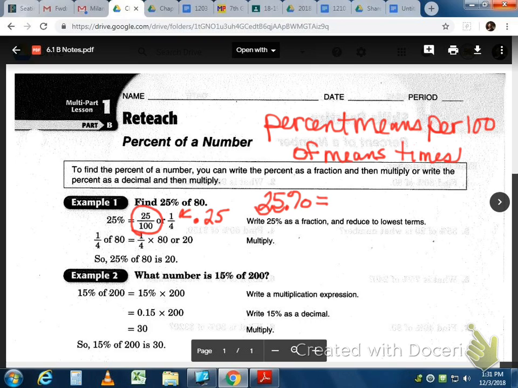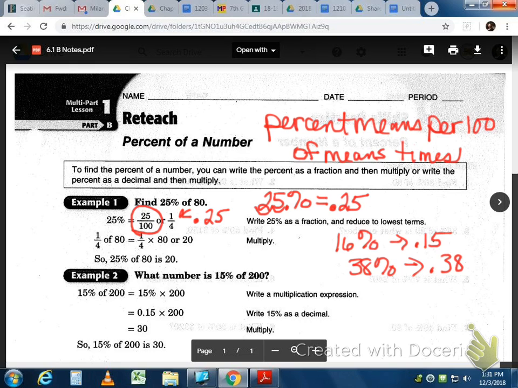That's why 25% is 0.25. So what would 16% be as a decimal? Who can tell me? Mason? 0.16. What would 38% be as a decimal? Eli?